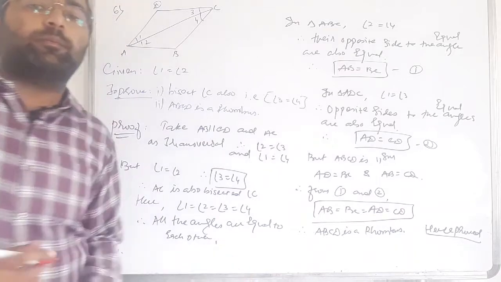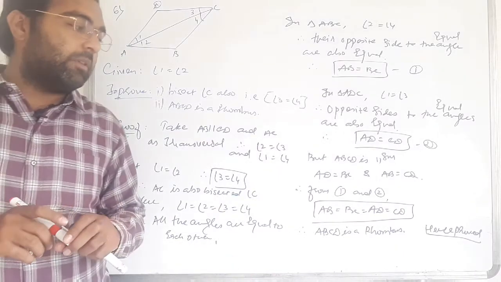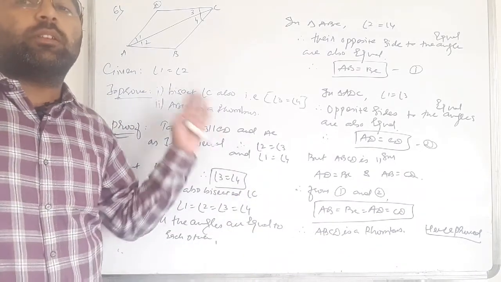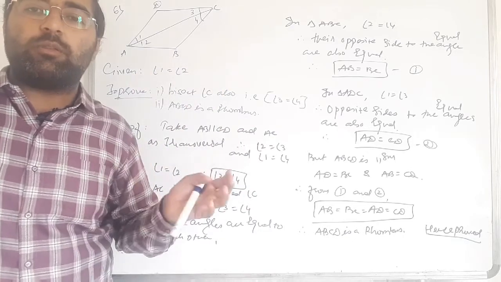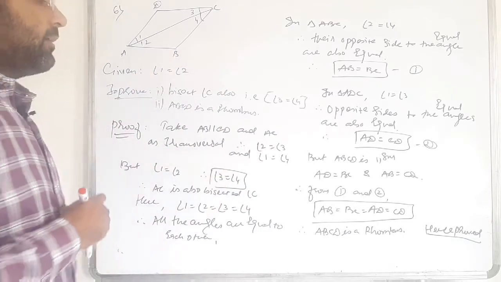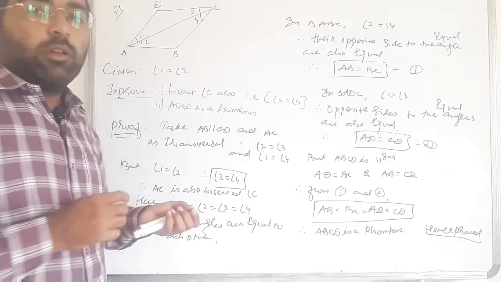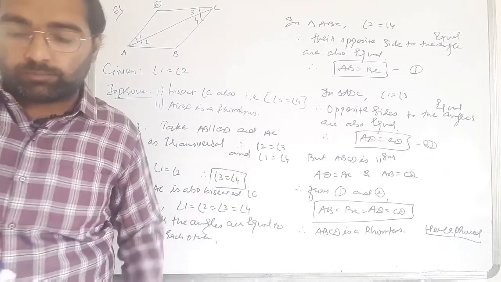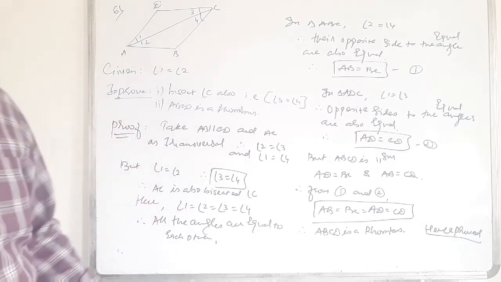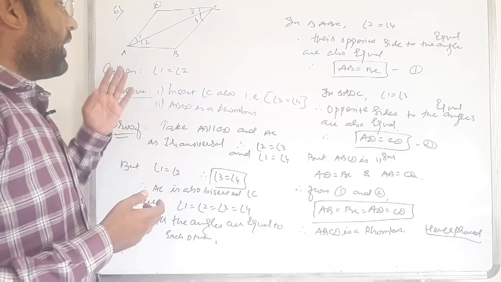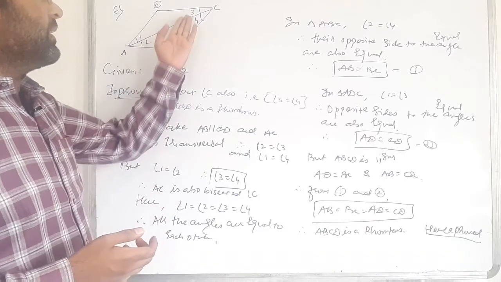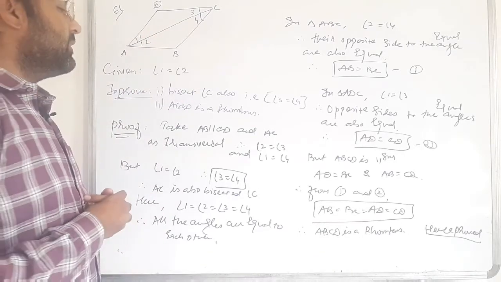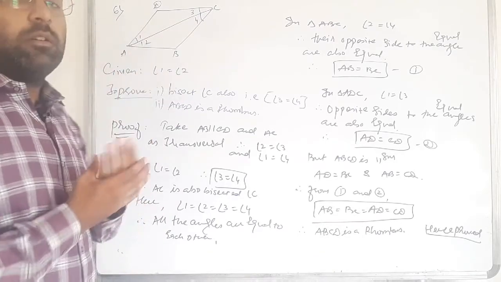Clear that? Therefore ABCD is a rhombus because all sides of the parallelogram are equal. So there we write that ABCD is a rhombus. Clear that? So note this down first. In this case I have to prove that angle C is also bisected by AC and that ABCD is a rhombus.